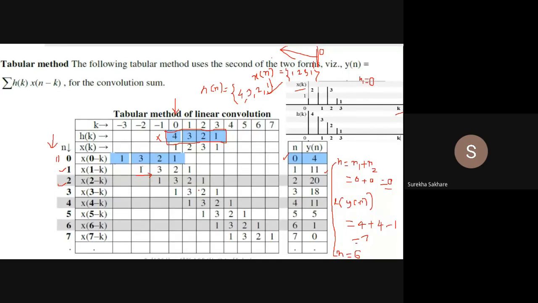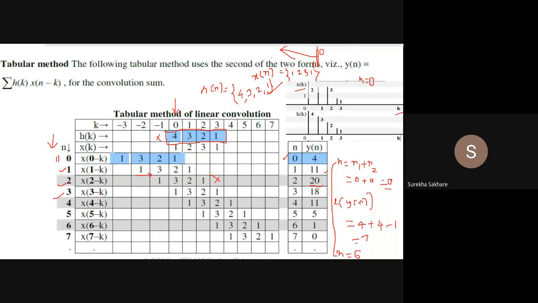Then 2 into 1 will be plus 2, that is 20. And 1 into 0, there is no overlapping content here, so it has to be 0. So the total value comes as 20. It becomes very easy compared to the graphical method when you go for tabulation, because it gives a total pictorial view.